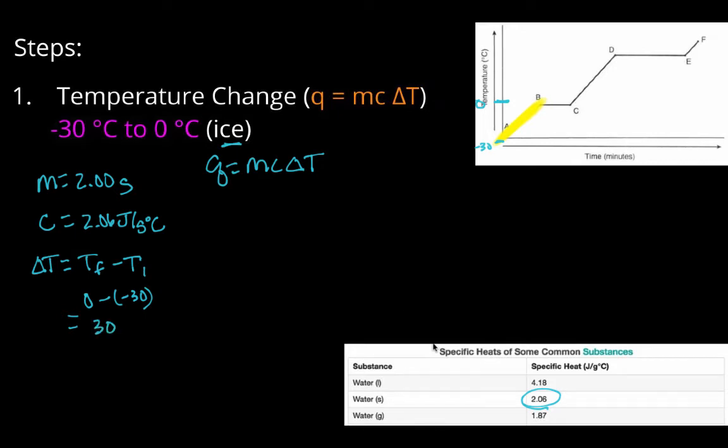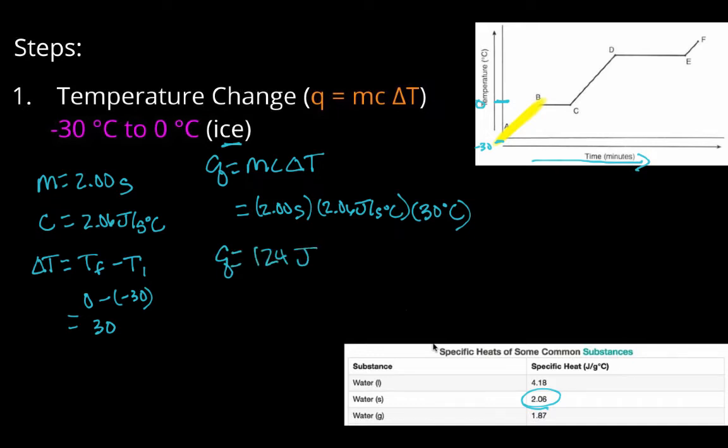So all of these should come out to be positive values because these are all endothermic processes because heat is being added in order for the substance to change phases. So these should all come out as positive numbers. Okay, so then I'm going to plug all of these in. So Q for this one is going to be 124 joules.